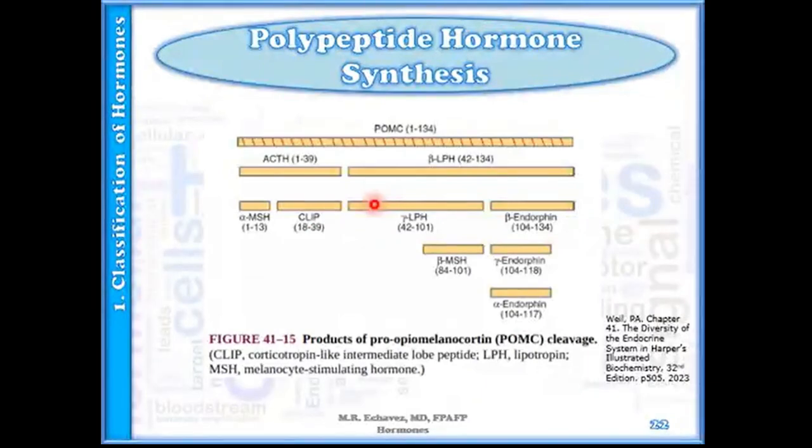It also can give rise to your beta-lipotropin, which can yield your beta MSH and 2 of your endorphins. Your beta endorphin, which is from your amino acids 1 to 31, and the other one, which is from amino acids 1 to 27. And you also generate a large N-terminal polypeptide, which generates several forms of your gamma MSH.